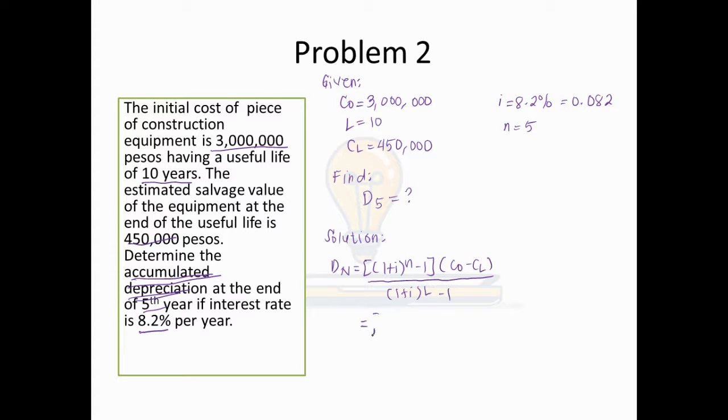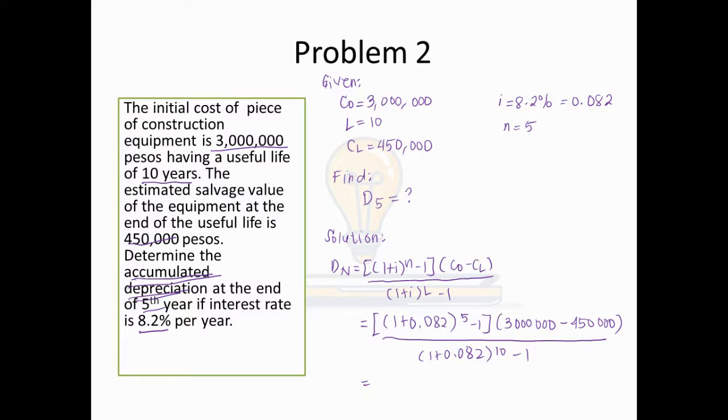And then substituting the given values, we have 1 plus 8.2% raised to 5 minus 1 multiplied by 3 million pesos, or our initial cost, minus the salvage value of 450,000 pesos all over 1 plus 8.2% raised to 10 minus 1.